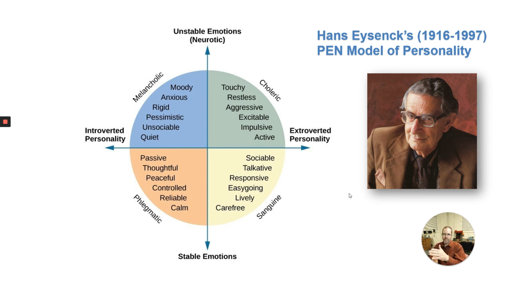If you see the breakdown in the different shaded parts of the sphere, you have these continuums, but they're just up and down. They're more like quadrants than a table. Unstable emotions, that's the neurotic, towards the top. You have the stable emotions towards the bottom. You have the extroverted and the introverted.